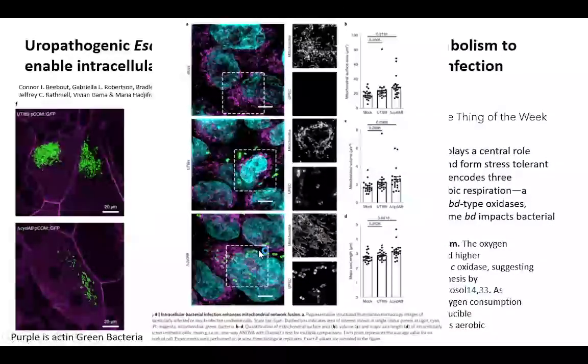When you have the ones that are BD negative, so they don't have that cytochrome, you can still see the bacteria in here, but now we have mitochondria that look much like the normal mitochondria. They're evenly spread out. There is some depletion, but it's significantly higher still. So it does alter things, but it doesn't alter them as much.